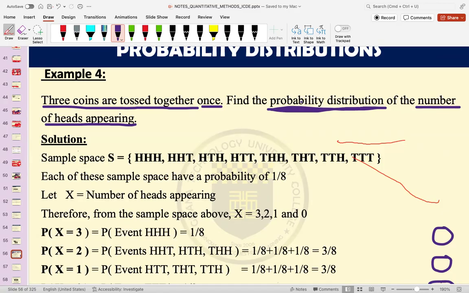Find the probability means find the chance. Find the chance distribution of the number of heads appearing.